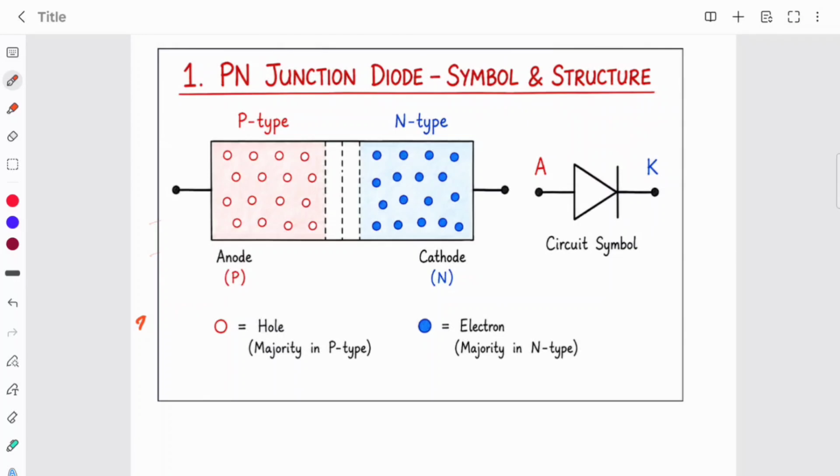Hello everyone. In today's lecture, we are going to understand one of the most fundamental semiconductor devices used in electrical and electronic engineering, the PN junction diode.